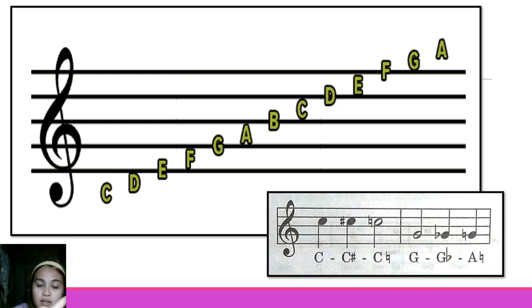In the spacing, we have 4 spaces and 5 lines in the staff. Let's count. C is in the third space: 1, 2, 3. Correct. That is C.